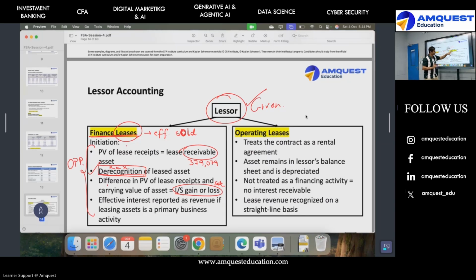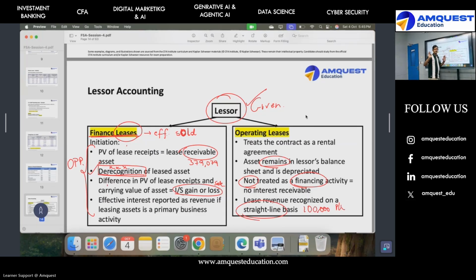Now, if we gave it on an operating lease, you know the answer. Common sense, the asset remains in his books. It doesn't go out. Correct? It is a lease rental. It is not a financing activity. And whatever income he receives every year will be on a straight line basis. He will record 100,000 in P&L every year.